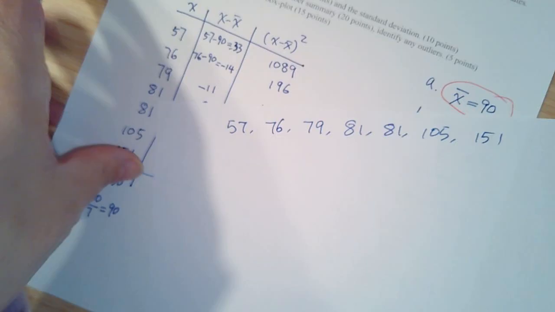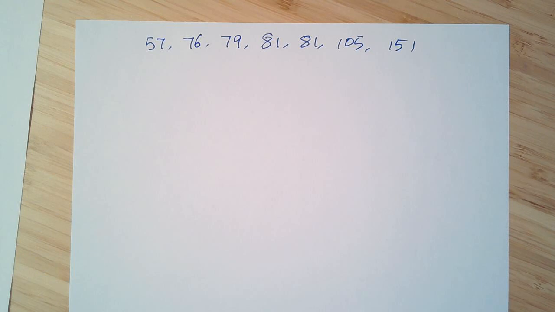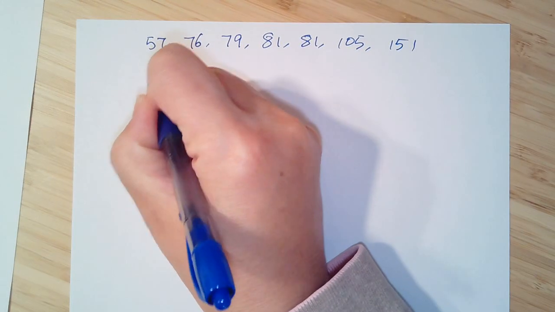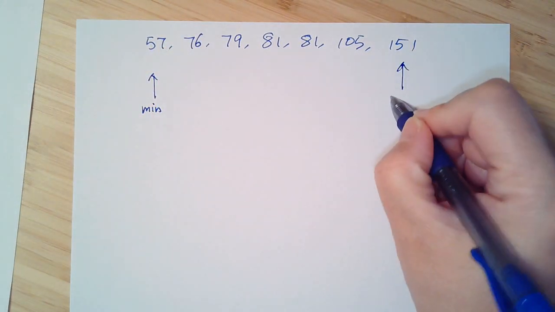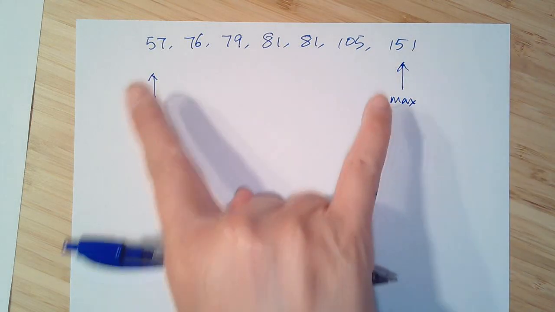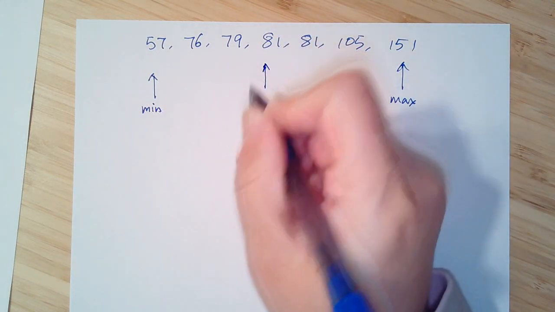Do you remember what is the 5-number summary? Minimum, Q1, Q2, Q3, maximum. So that is my minimum, and this is my maximum. And for 7 numbers, here is my Q2. Q2 is always the same as the median.